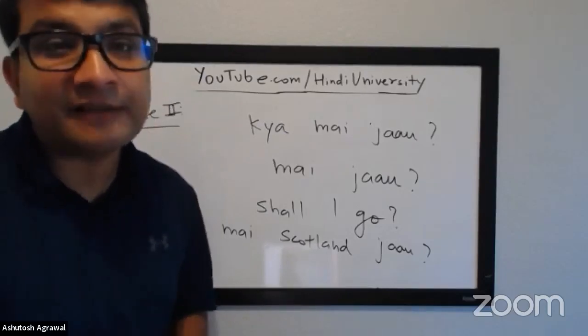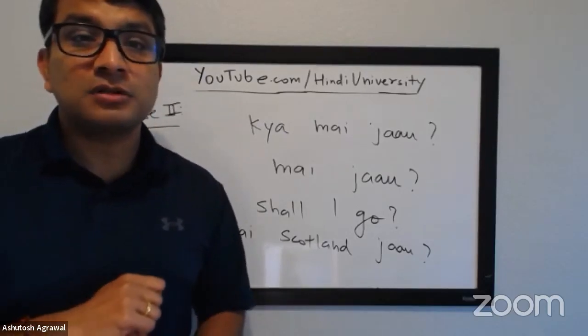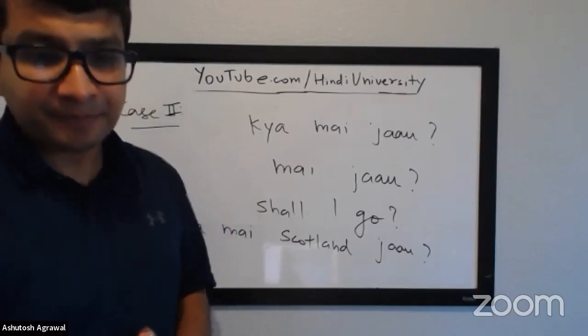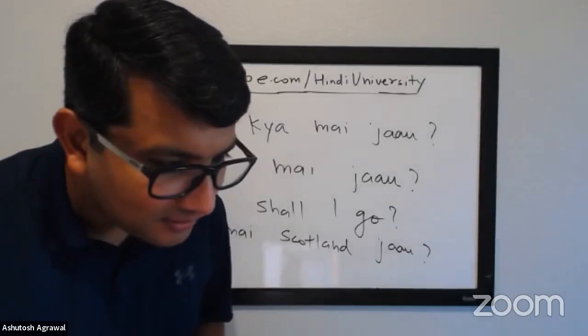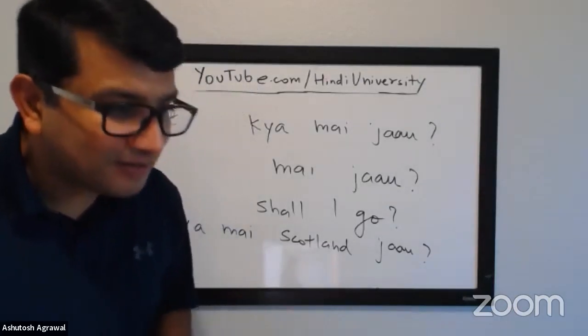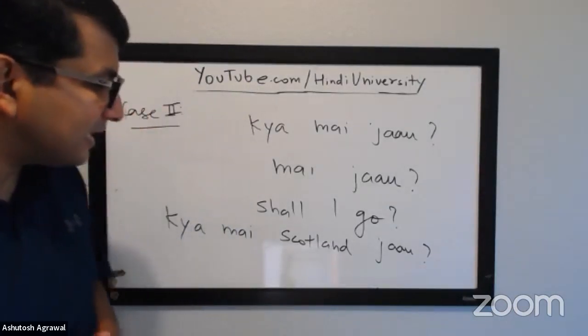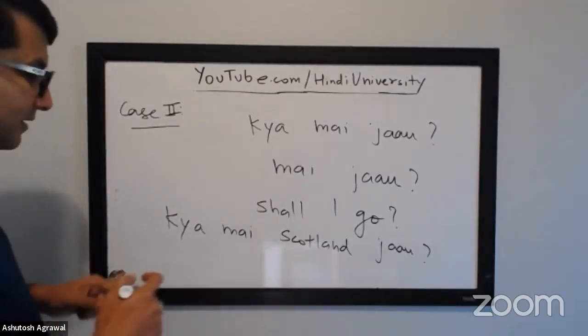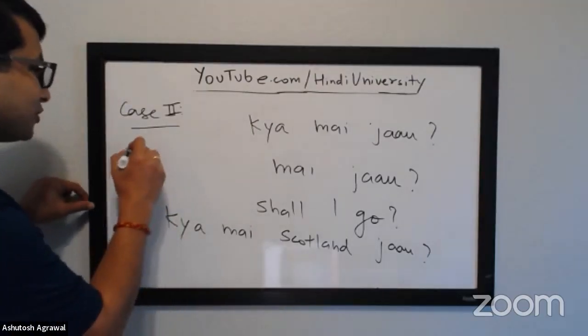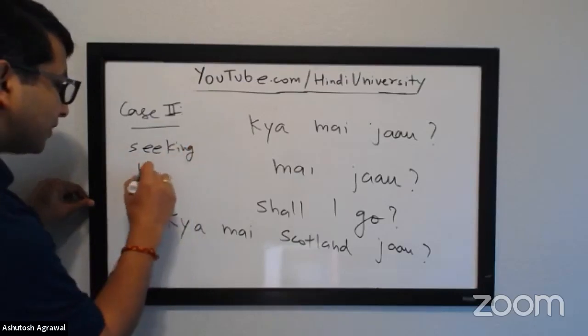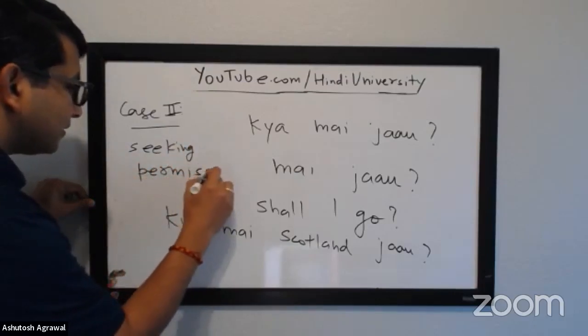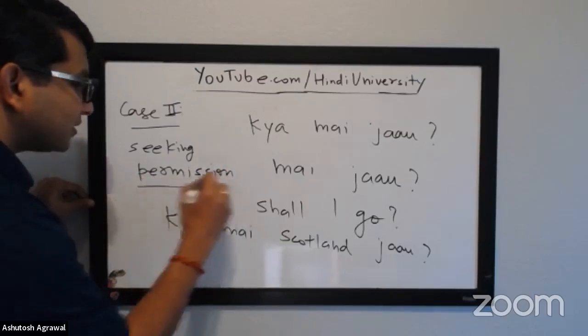Just like the first one was showing possibility, here it is permission. Shall I go? May I go? Yes, and Nandini ji, you're also raising your hand. Permission. Very good. So you are seeking permission.